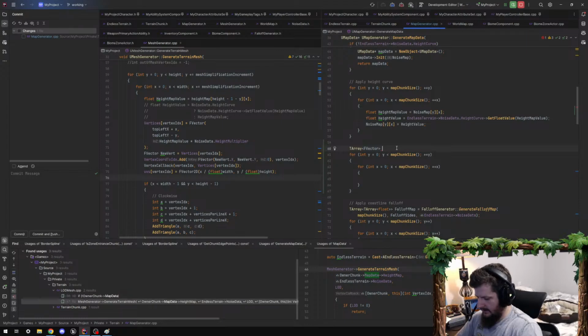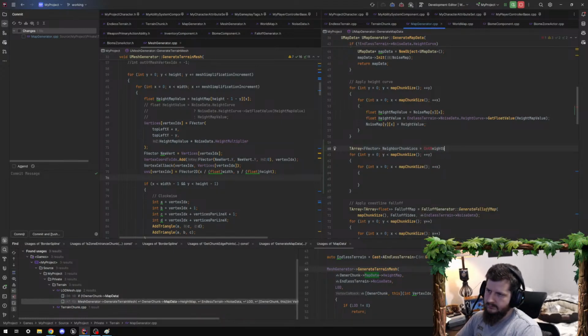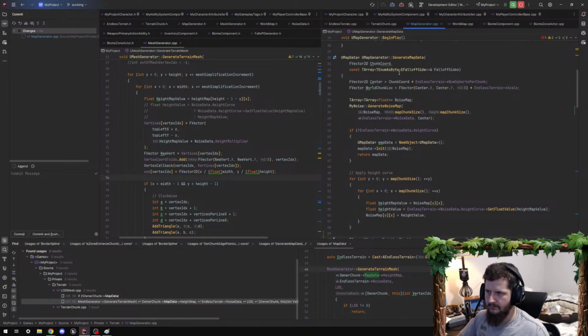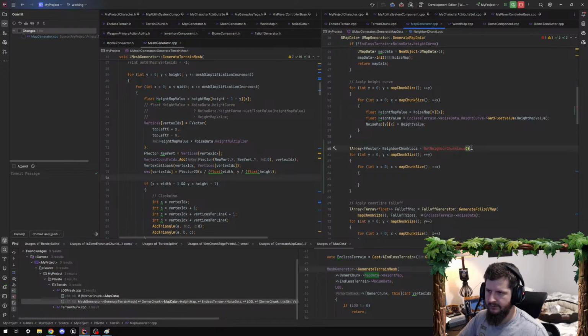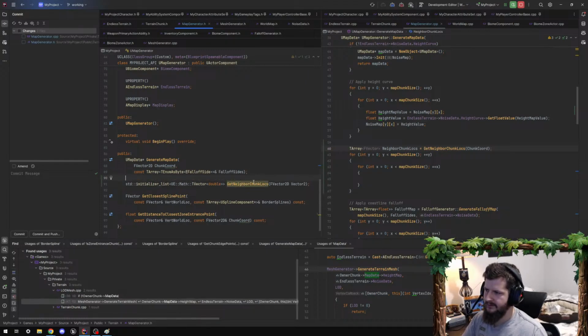Okay, so I need a list of neighbor chunk locations. Pass in the chunk coordinate to that. Yes, give me a member. That is a horrible signature. That's not at all what I wanted. Why is that what you think I would want?